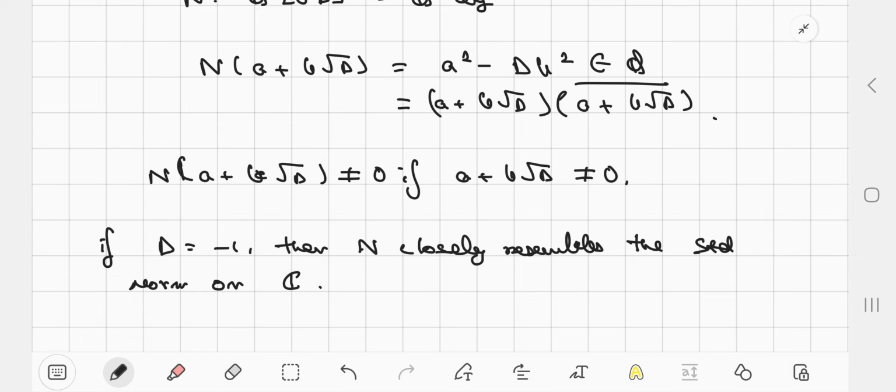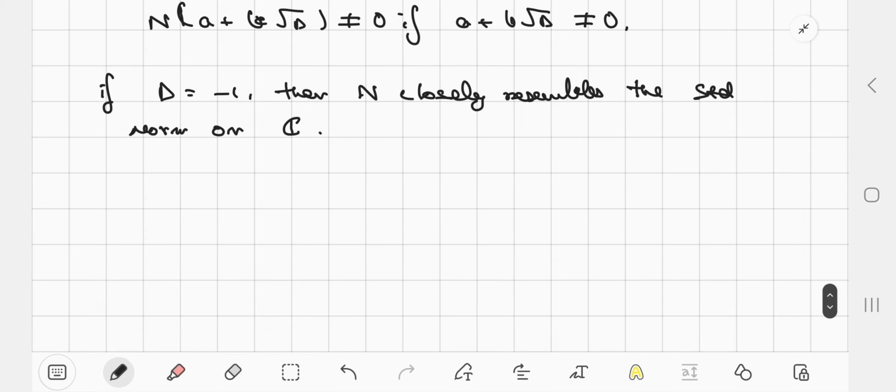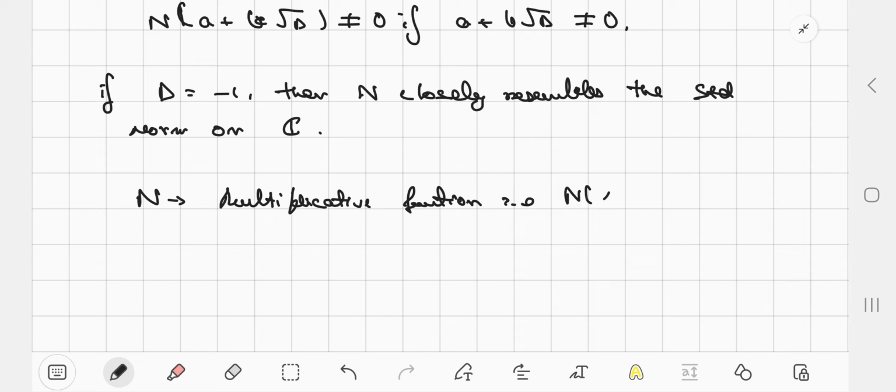So, a few important observations about N. Firstly, N is a multiplicative function. That is, N of alpha beta is N of alpha times N of beta, where alpha and beta are any elements from Q root D. You can check it out, it's very obvious.